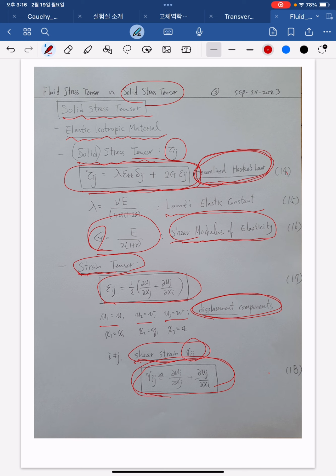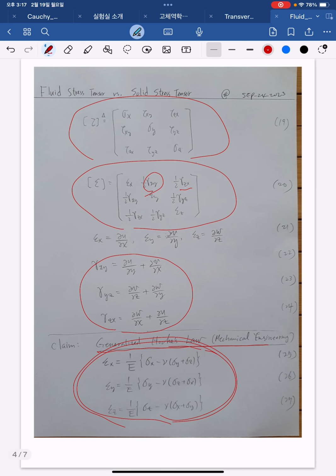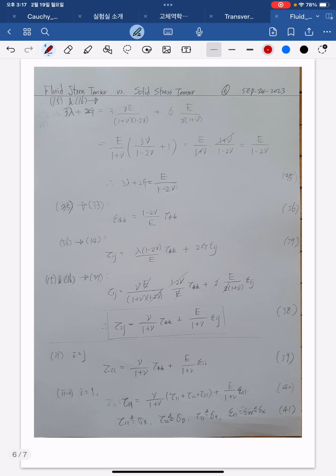Equation 14 is equivalent to the generalized Hooke's law, the famous equations in mechanical engineering, equations 25, 26, 27. That's all. Thank you very much.